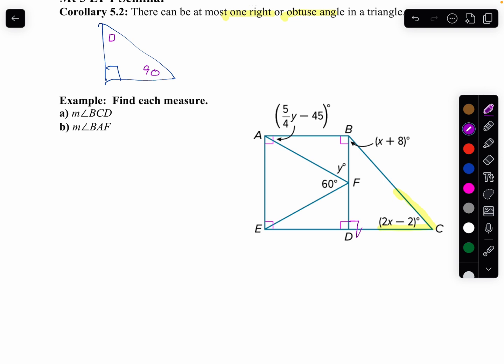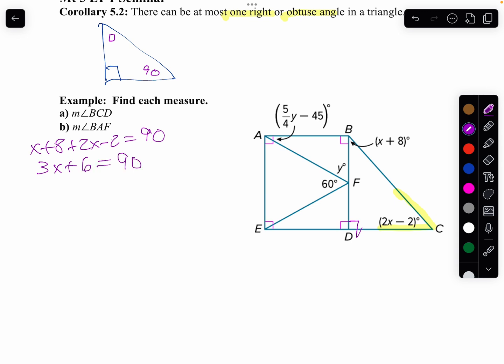So that tells me my two angles, x plus 8 plus 2x minus 2, are going to add to 90. Not 180, because we're only doing two angles. The third angle is 90. So we get 3x plus 6 equals 90.